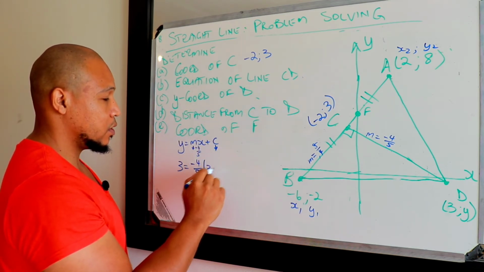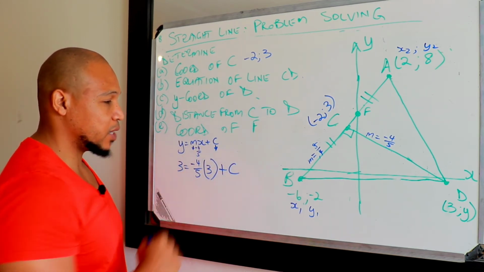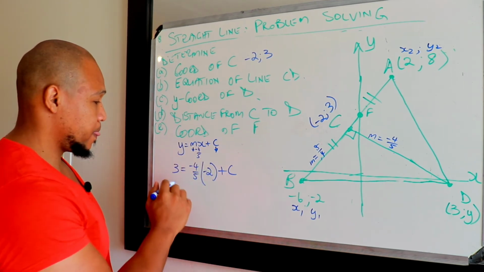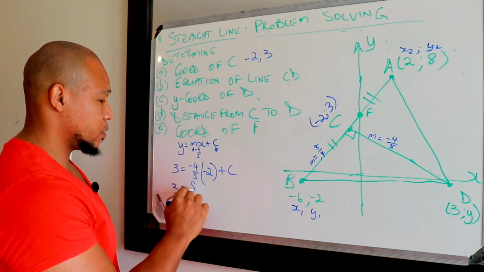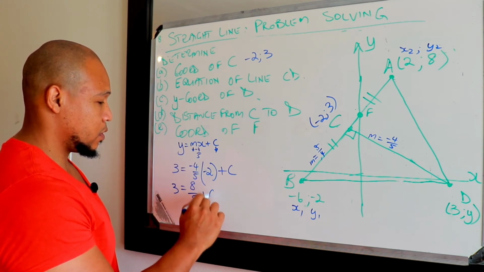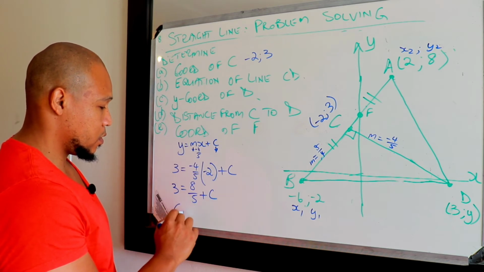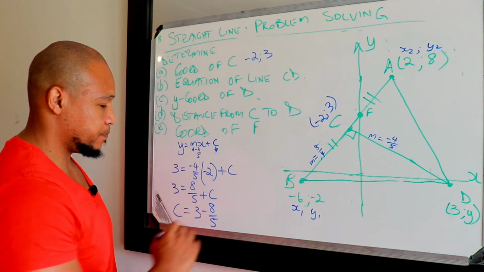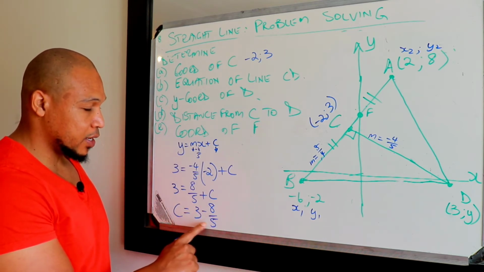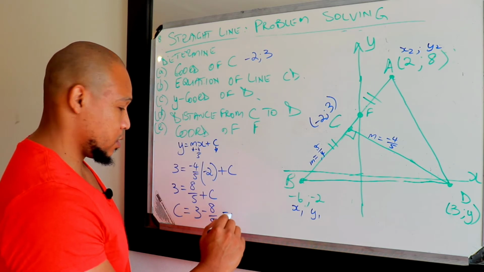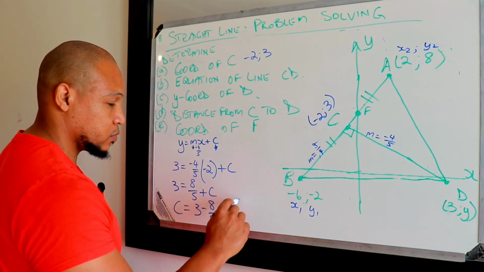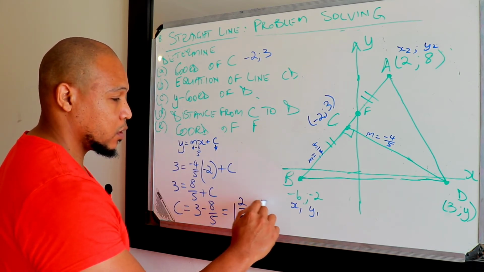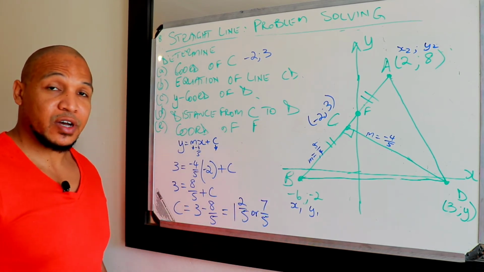X value is -2, plus C. I want to simplify to calculate C. So C will be equal to 3 minus 8 over 5, and that would be equal to 7 over 5.